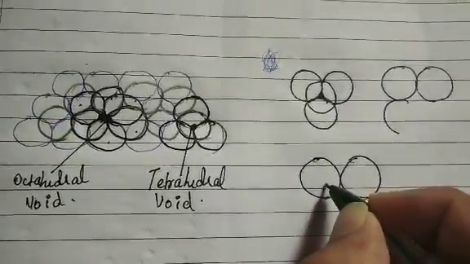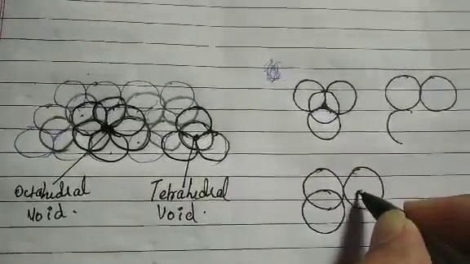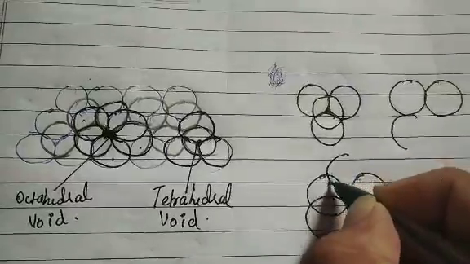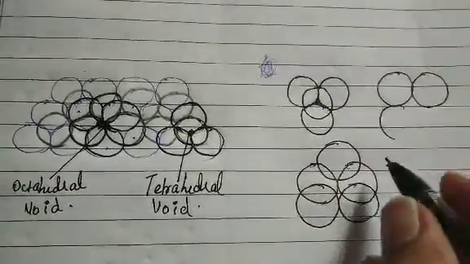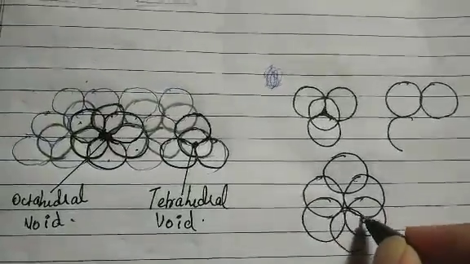Like this. So in between you just draw one more. Like this, okay. So here you have to draw one more in this way. And here you just draw another one like this.